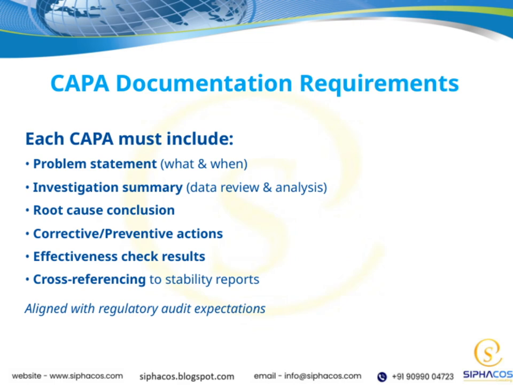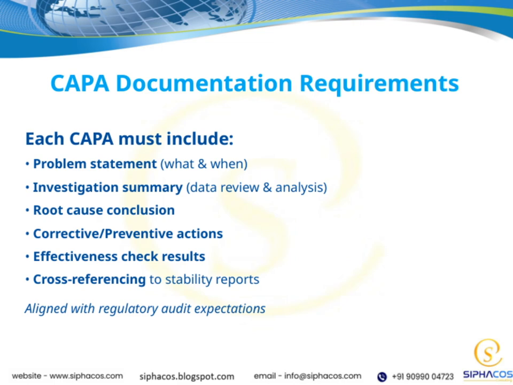Speaking of which, every CAPA should specify what actions are being taken to address the issue and prevent future occurrences. After implementing these actions, we conduct an effectiveness check to verify whether they have resolved the problem effectively. The results of this check should be documented clearly.